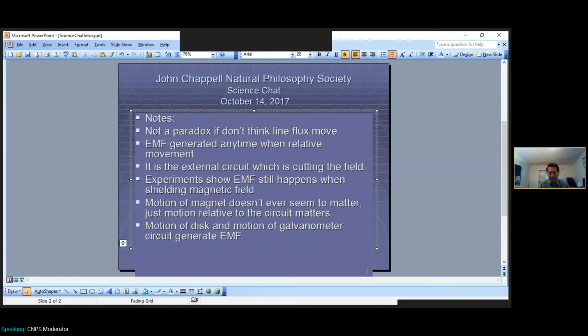So Bob's claim was that there's no paradox here at all, because if we consider the electron velocity to be relative to that of the laboratory frame, which contains the galvanometer, then everything works out, right?